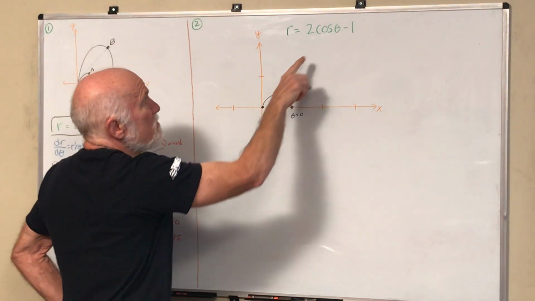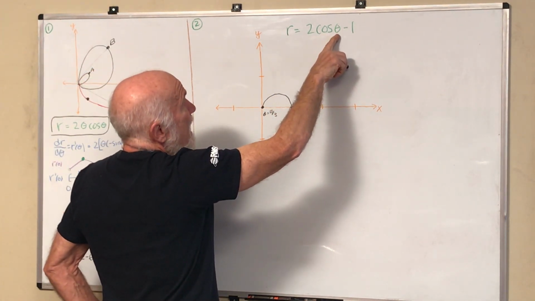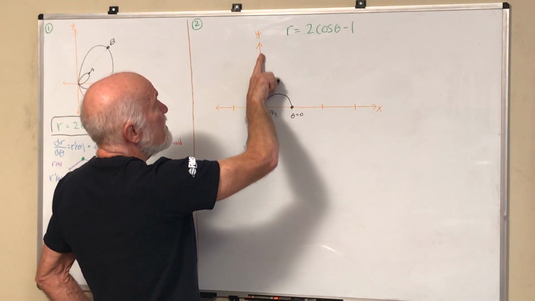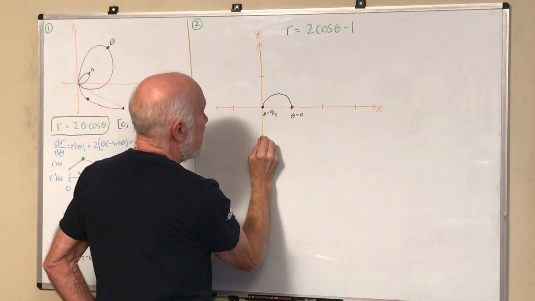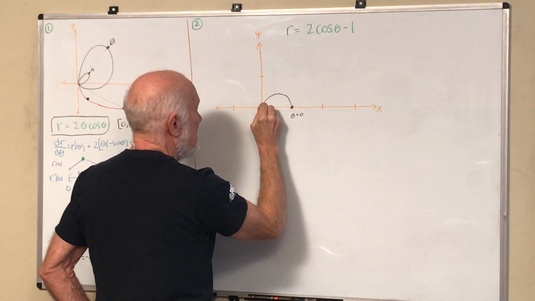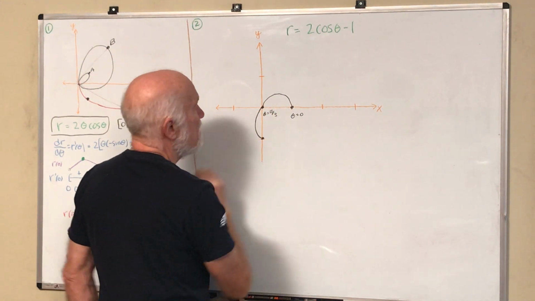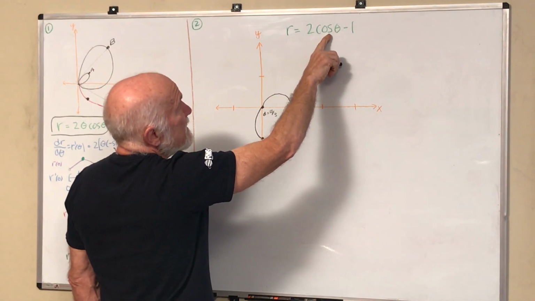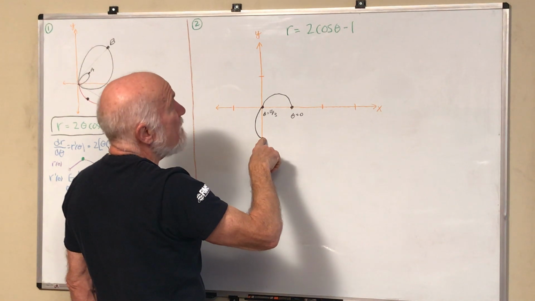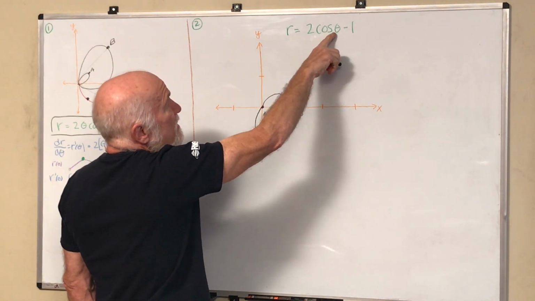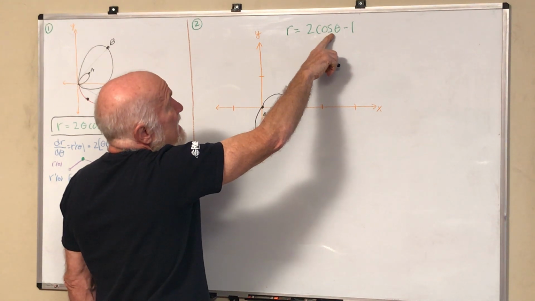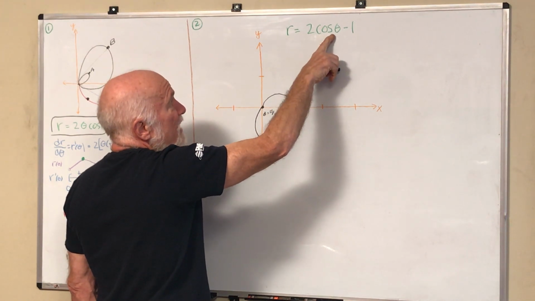And then, if you put in pi over 2, you get negative 1. So pi over 2 takes you up this way. So it takes you down to here. And then once you get past pi over 2, the cosine values are going to be negative until you get to pi, and you're going to have the biggest negative at pi.